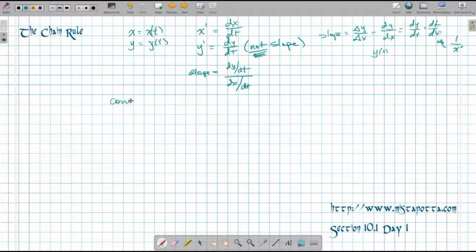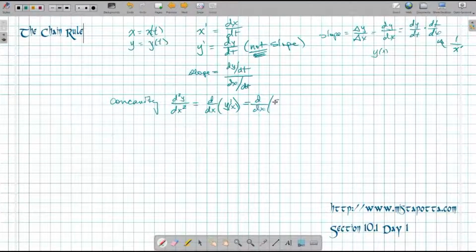If I want to talk about the concavity, that is really looking at the change in y with respect to x squared. In other words, the second derivative. Now, what this really meant for us back in chapter 4 is we were looking at the derivative of y prime, but this was really y prime of x.